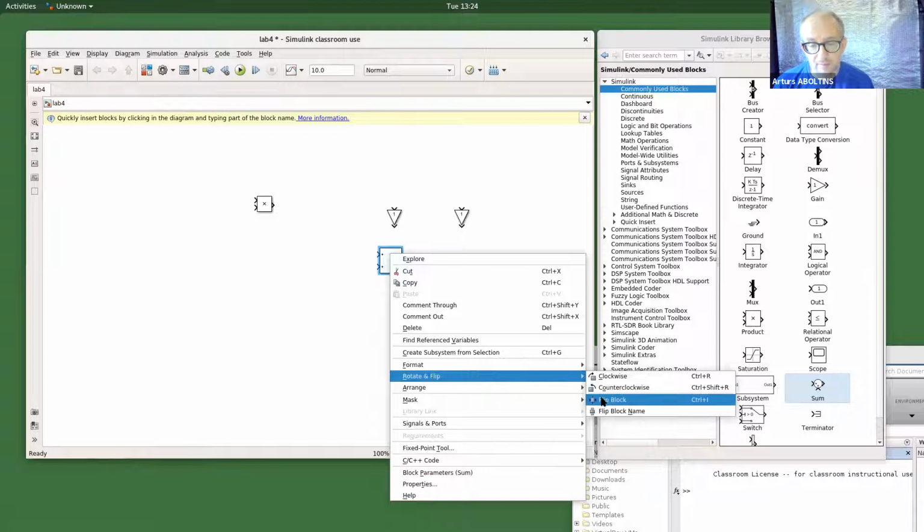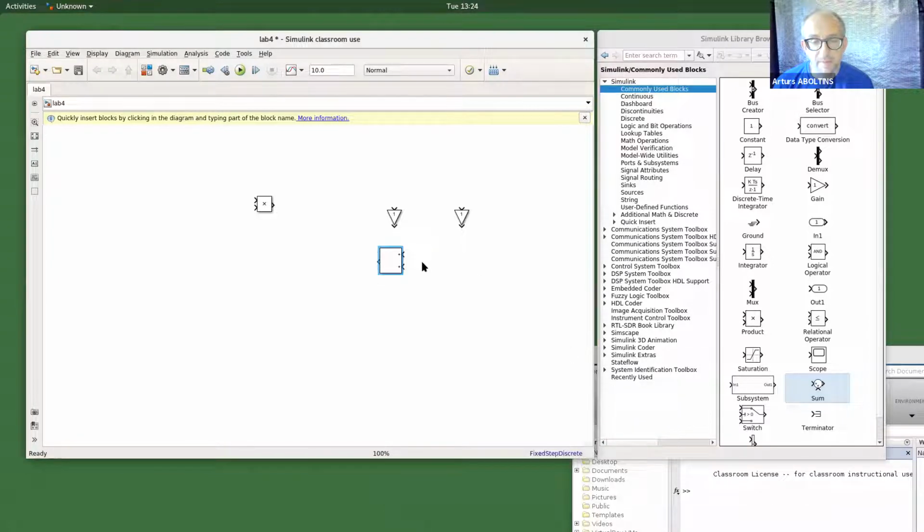Like flip, yes. And I will just copy paste this block, because we need several sums. They must be put somehow so they do not cross.